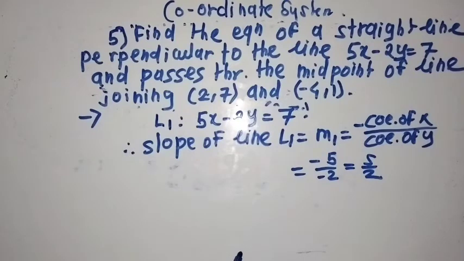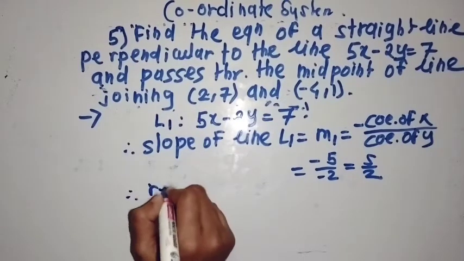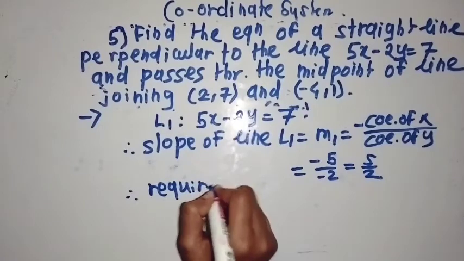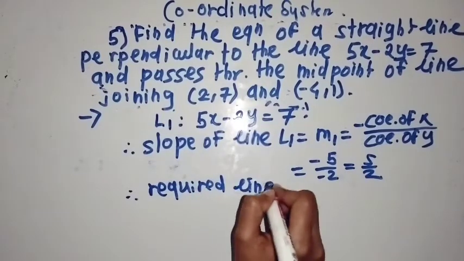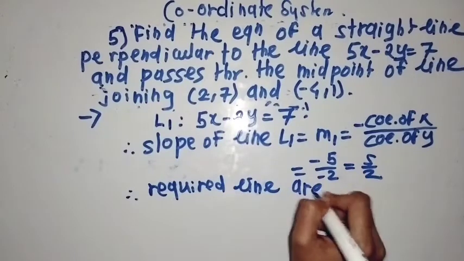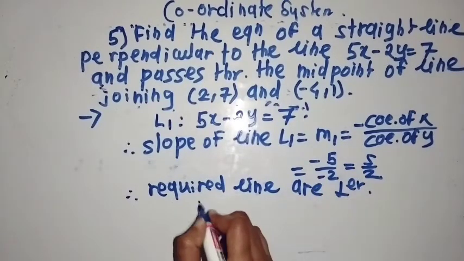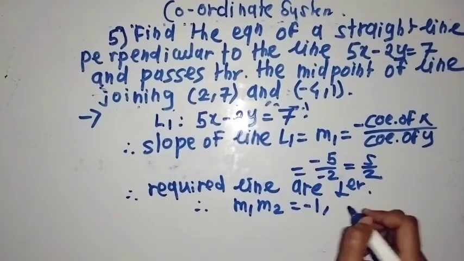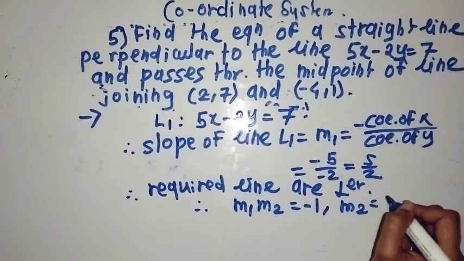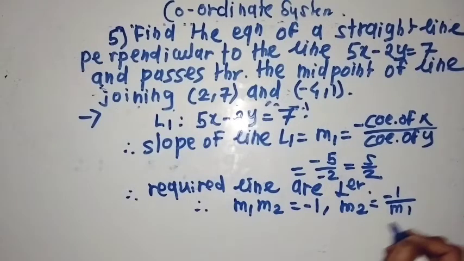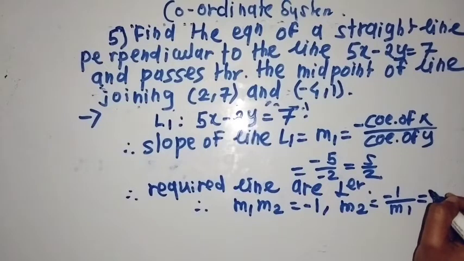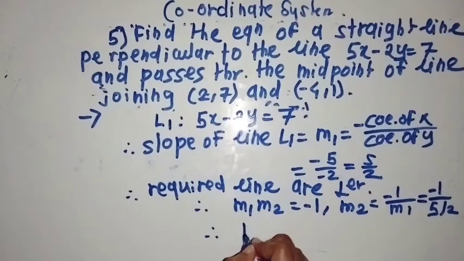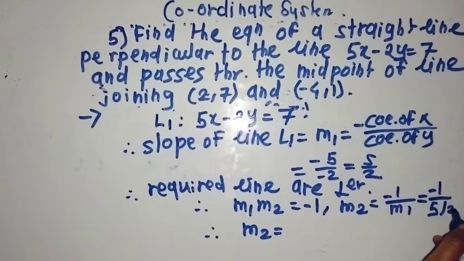But if the required line is perpendicular, then m1 into m2 is equal to minus 1. Hence m2 is equal to minus 1 upon m1, which is minus 1 upon 5 upon 2, so m2 is minus 2 upon 5.